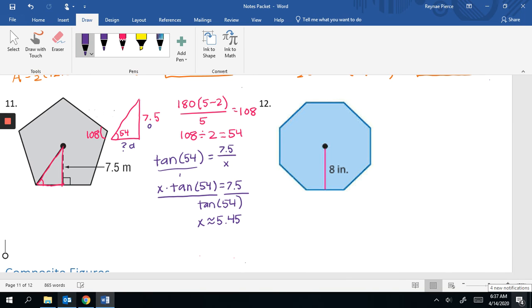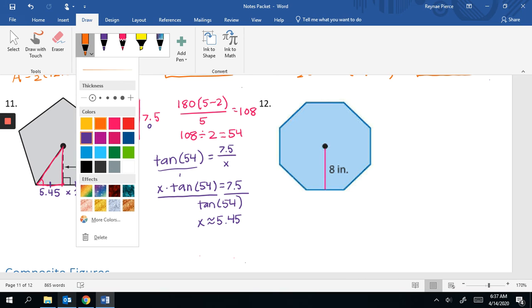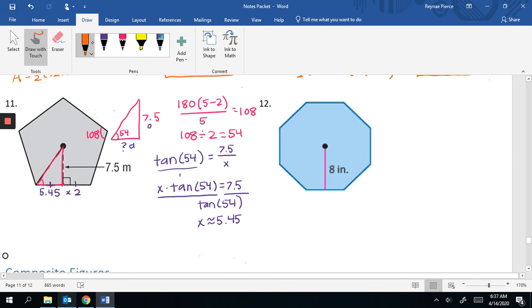Now 5.45 is half of the side length. So to find the entire side length, we multiply that by 2, which means our whole side length is 10.9, which is what was given to us at the beginning.